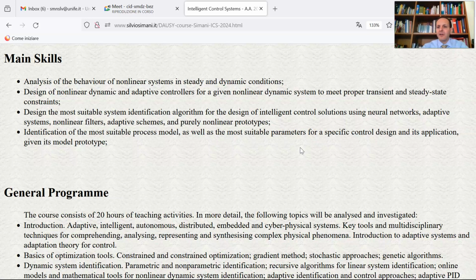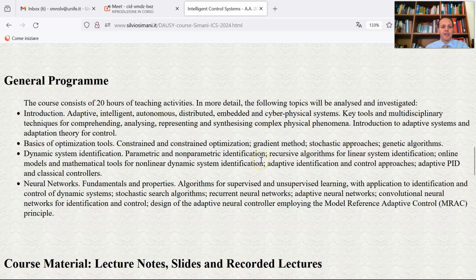Well, the design of an intelligent control system requires several hours, so this course intends just to give you the tools, and perhaps in some other courses you will see how to design in practice these solutions that I'm proposing in this course. So the general program, we have 20 hours, and so this will be an introduction.